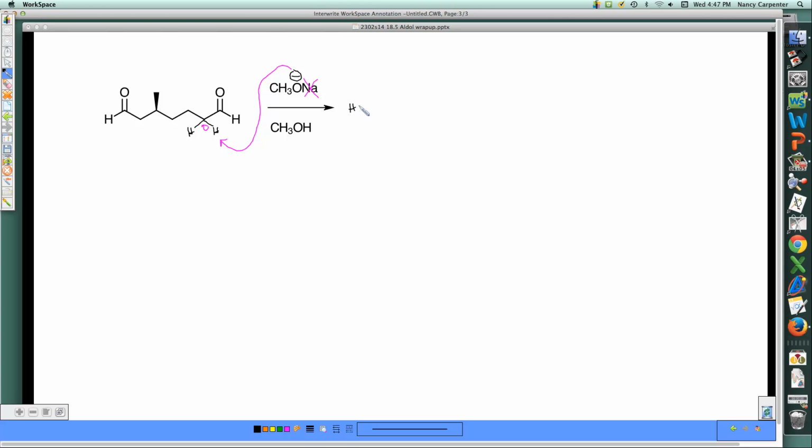That gives me this enolate. And we have decided that it can react intramolecularly with this electrophile to give you, again, a 1, 2, 3, 4, 5, 6-membered ring.